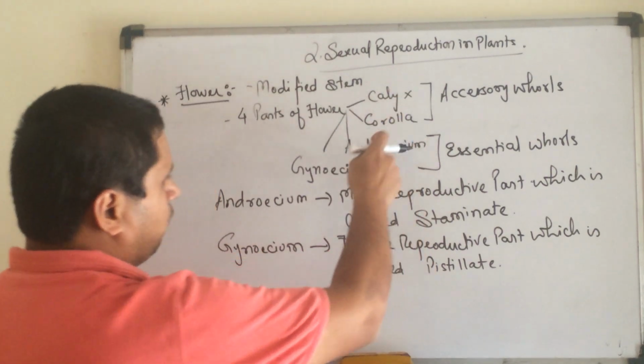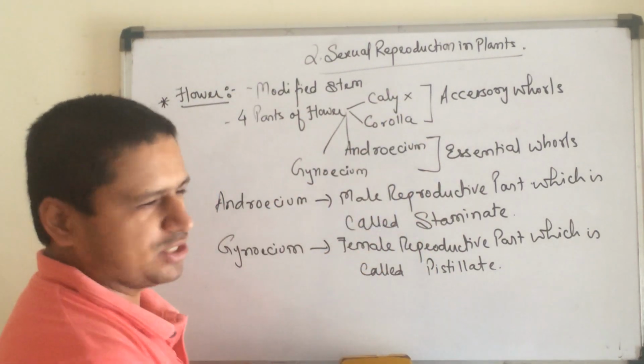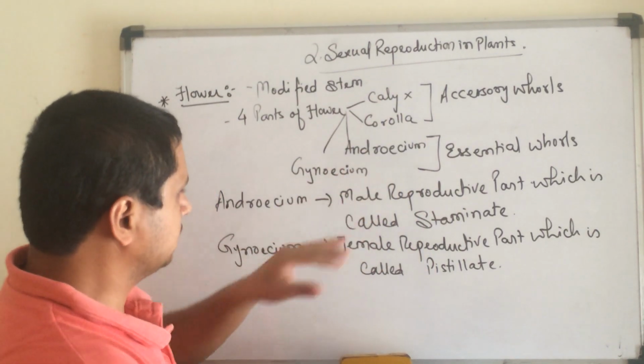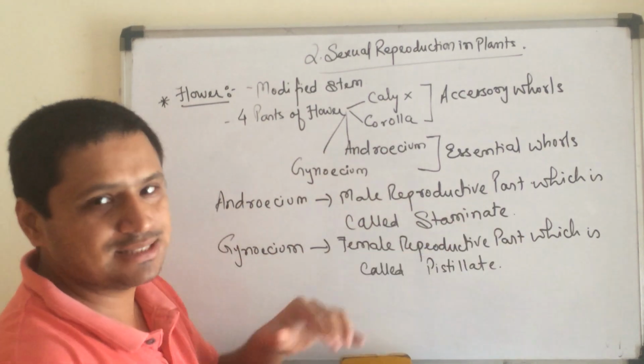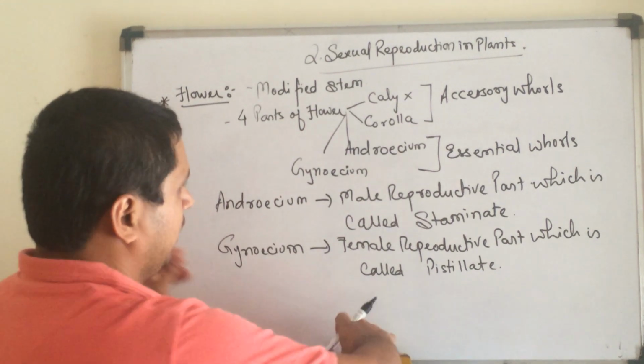Now as we all know, these are the four whorls. Let us talk about the structure of these four whorls, and later on we shall talk about the structure of the staminate, that is the stamen.